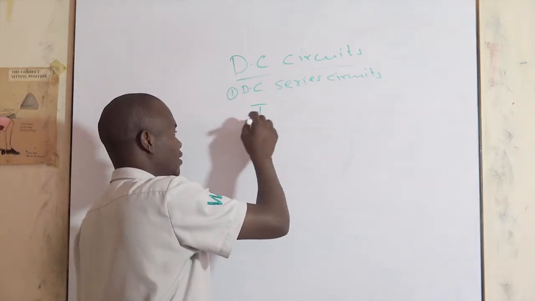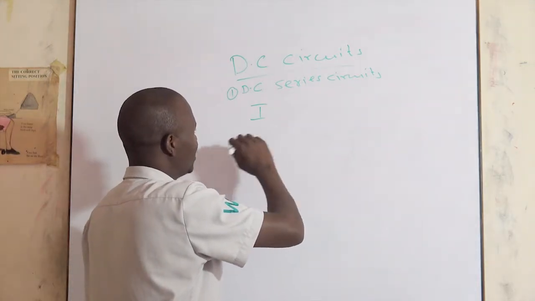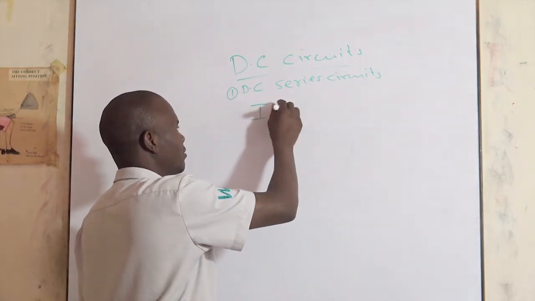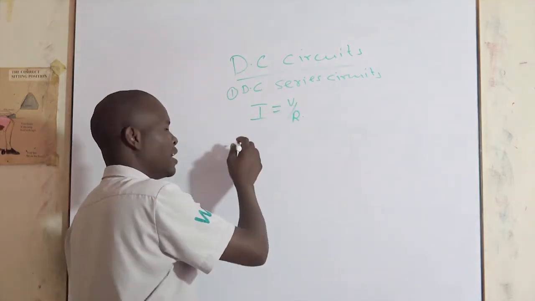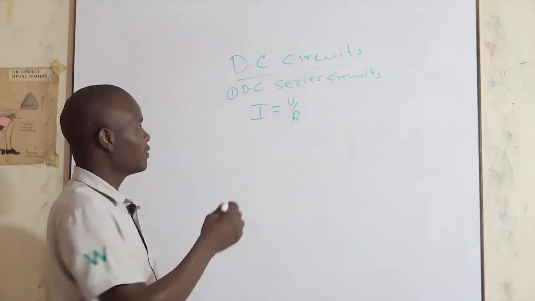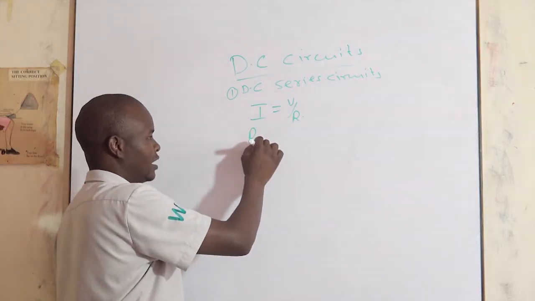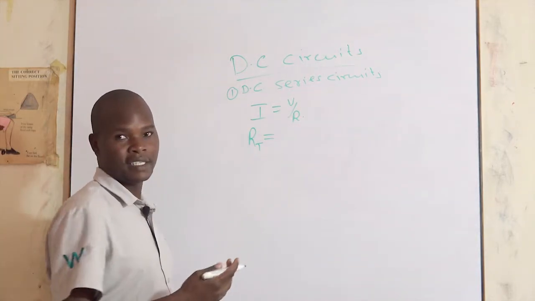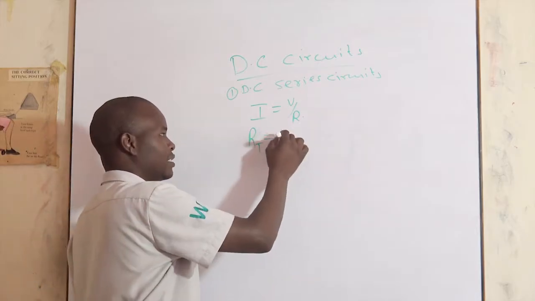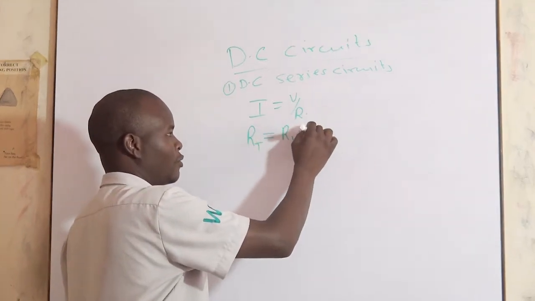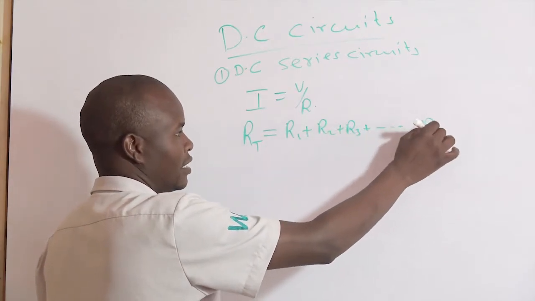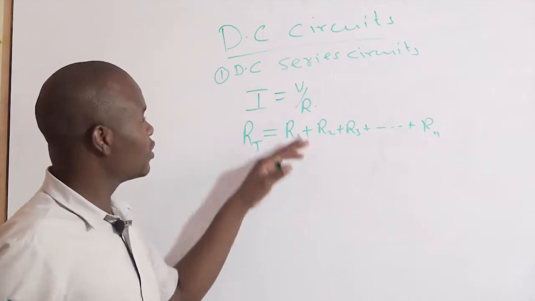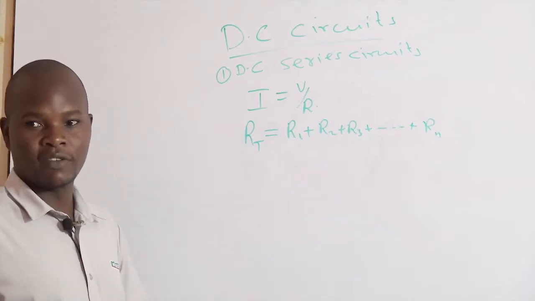We discussed that current is given by V over R, and we managed to derive an expression for finding the total resistance of resistors in series. We came up with this formula. So this is what we managed to cover last time.